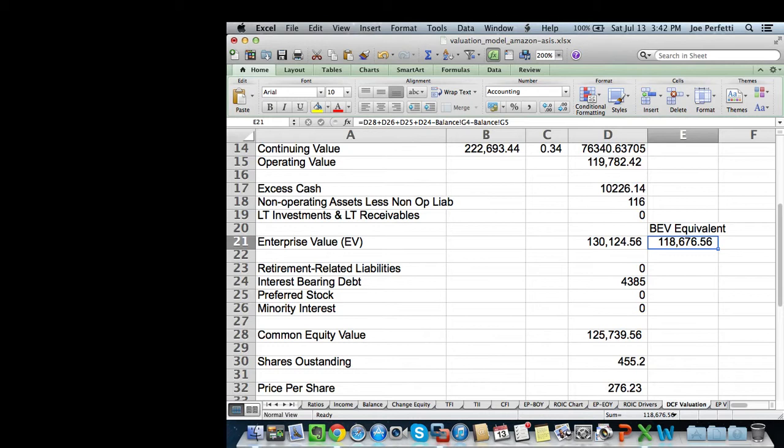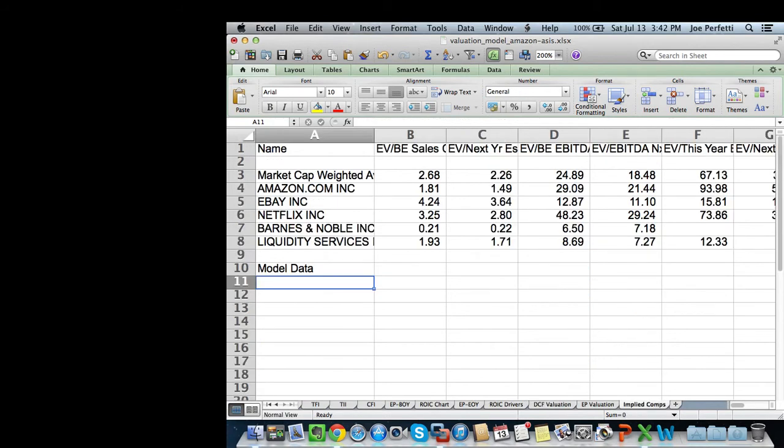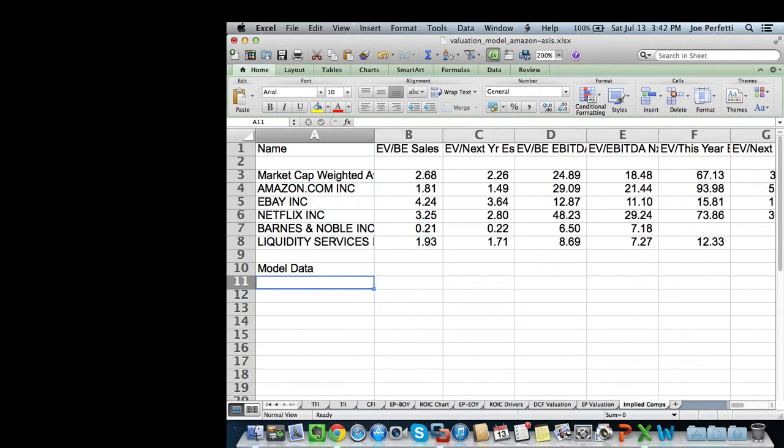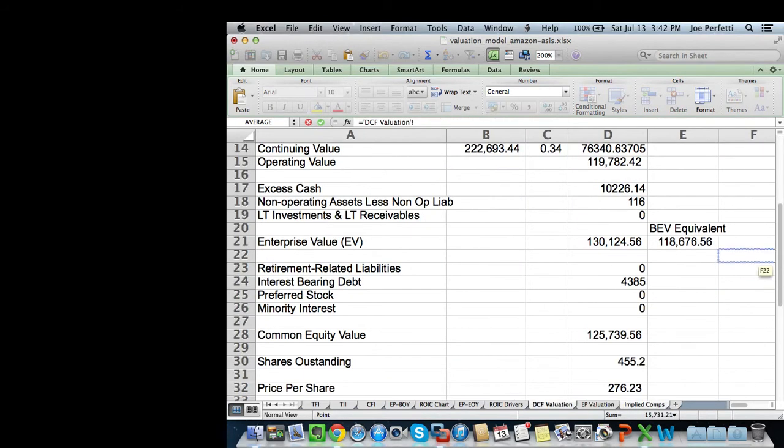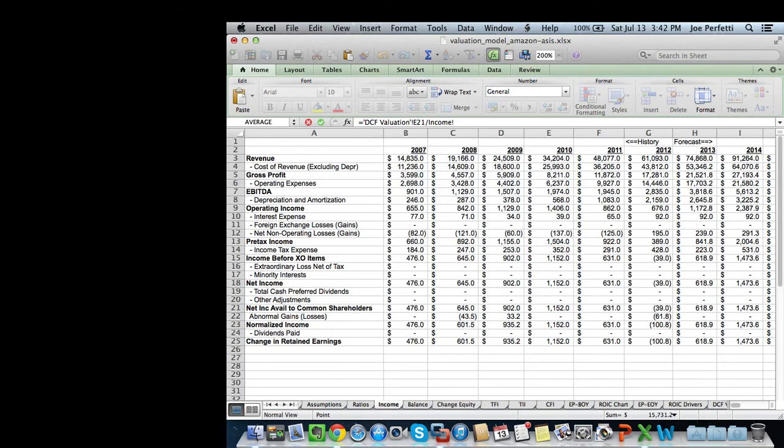All right, so now let's go recalculate these ratios. Implied comps. EV to sales 1 would be, take my enterprise value from the Bloomberg equivalent, divide by sales 1 from the income tab. Which ones are sales 1 on here? 2013.